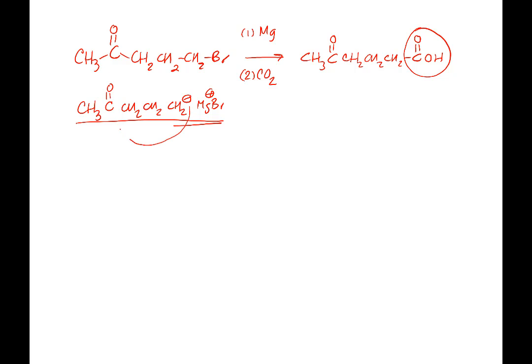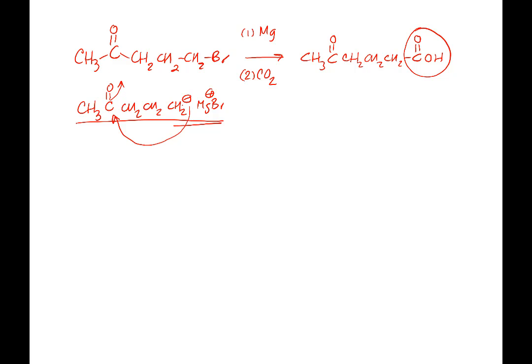The minus charge could attack that carbonyl. And that would form how many membered ring? We'd have carbon 1, 2, 3, 4. Probably that's not going to happen because four-membered rings are tough to make. Five or six, piece of cake. Seven, now you're starting to get more difficult.